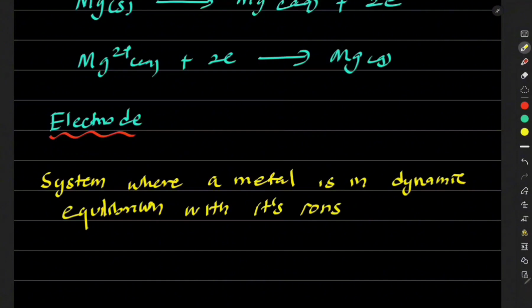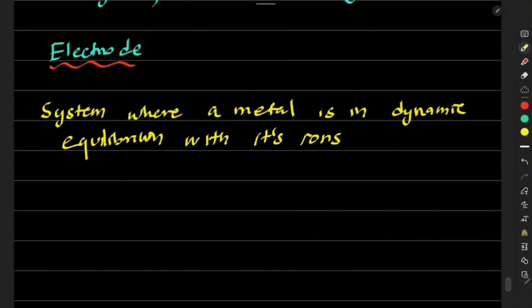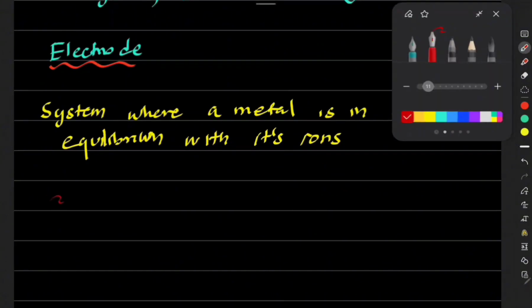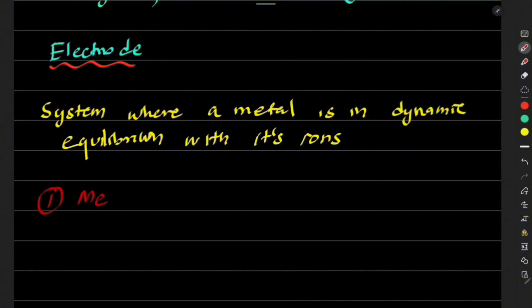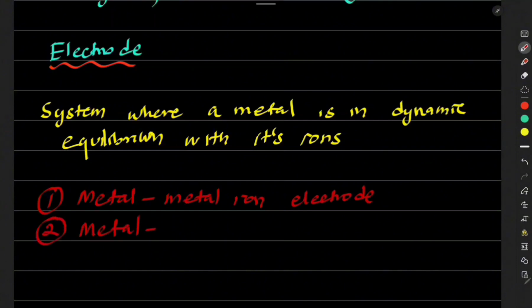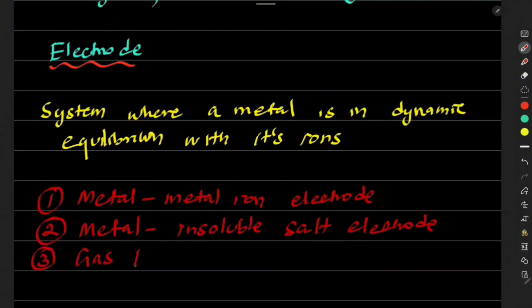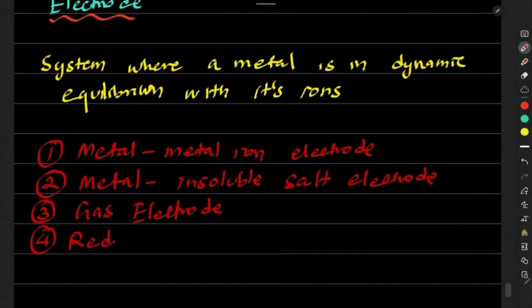In our syllabus we have 4 types of electrodes. First electrode, metal and metal ion electrode, and the second one is metal insoluble salt electrode, and the third one is gas electrode, and the fourth one is redox electrode.